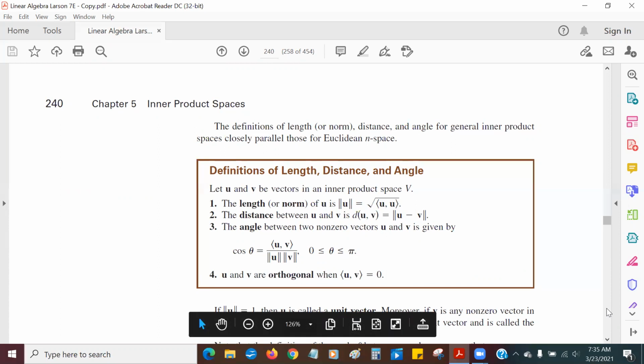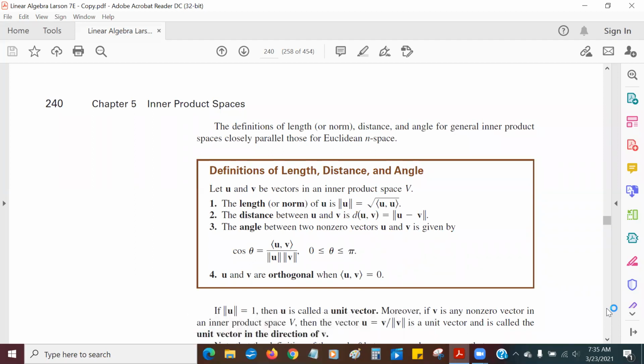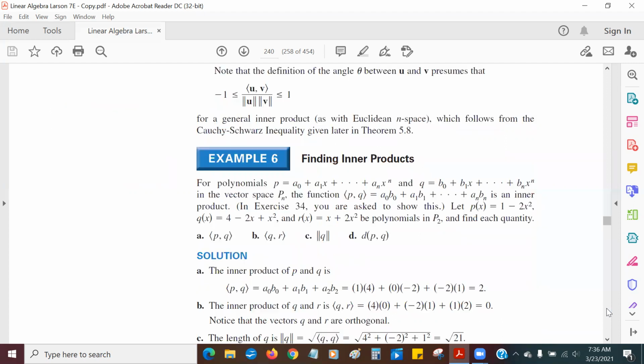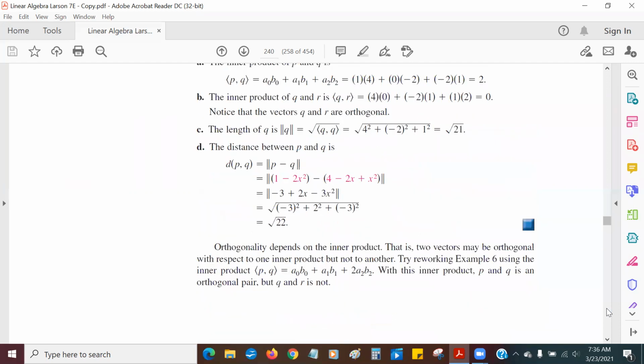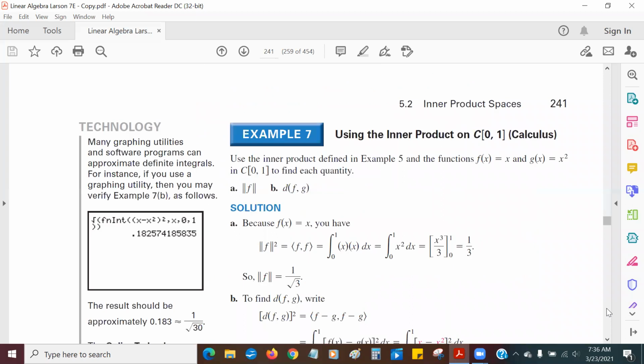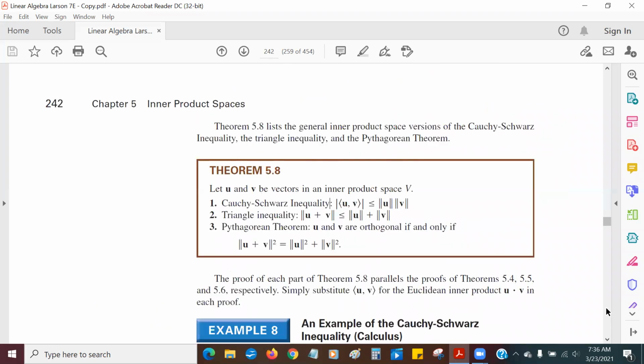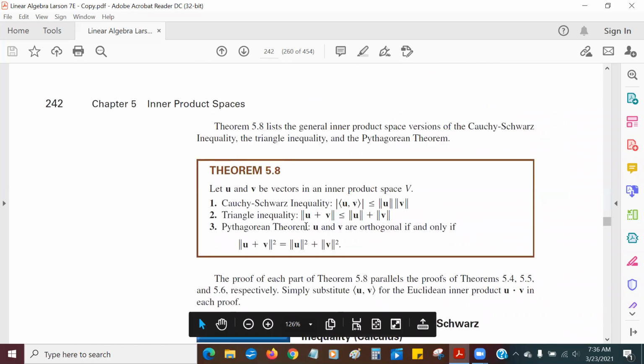So without the Cauchy-Schwarz inequality, the whole concept of cosine theta couldn't exist, and if there's no cosine theta, then there's no theta, and we'll be sad.